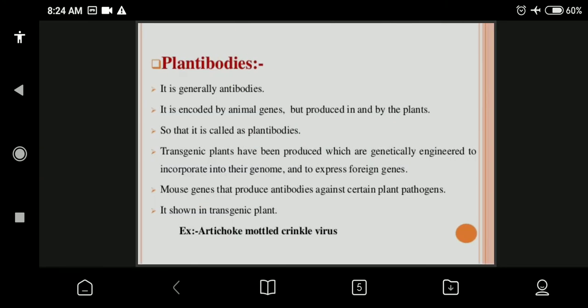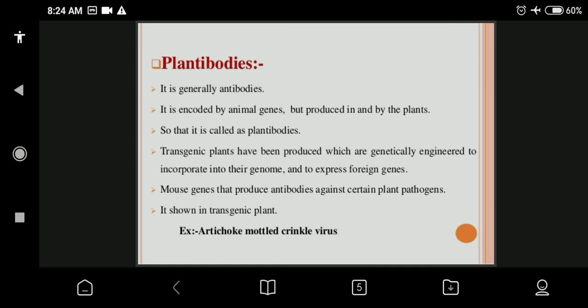Plantibodies. Plantibodies are generally antibodies encoded by animal genes but produced in and by the plants.